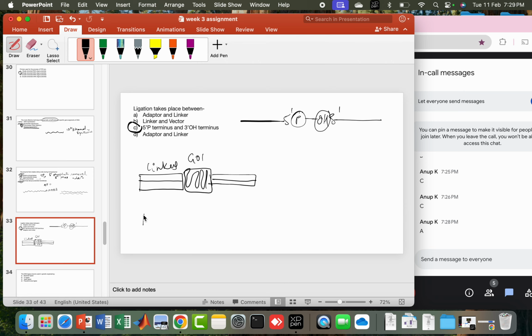Adapters are kind of linkers only, but they have a restriction site on them, which is where we can generate a sticky end. So the only difference between adapters and linkers is that adapters have restriction sites on them. So the correct answer is C.